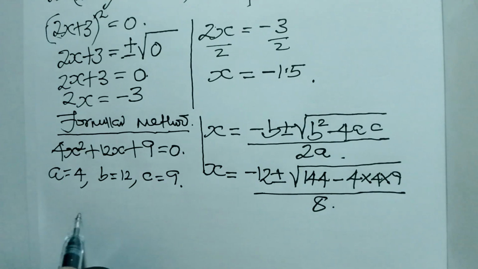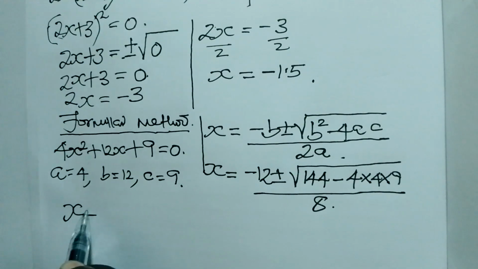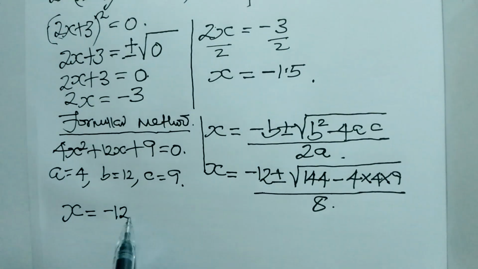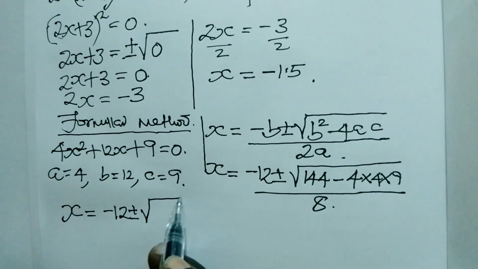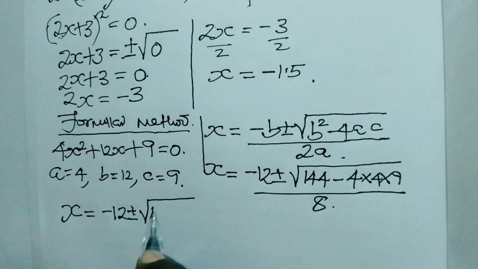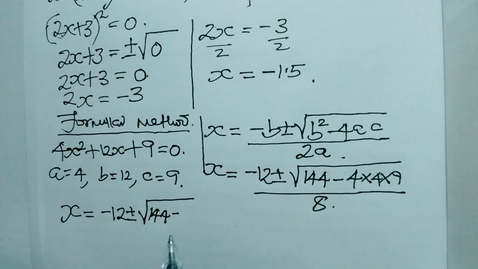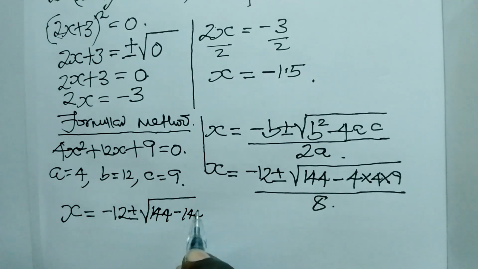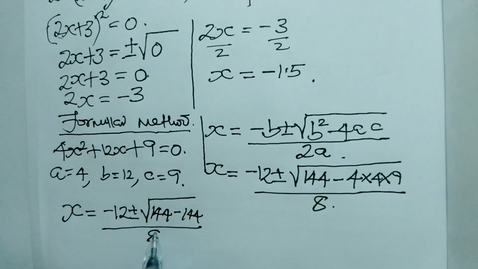of this. When we continue, we're going to have x is equal to negative 12 plus or minus the square root of 144 minus 16 times 9, which gives us 144, over 8.